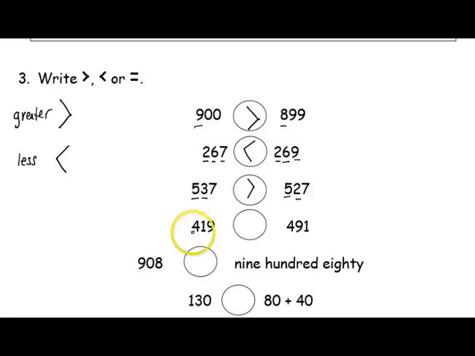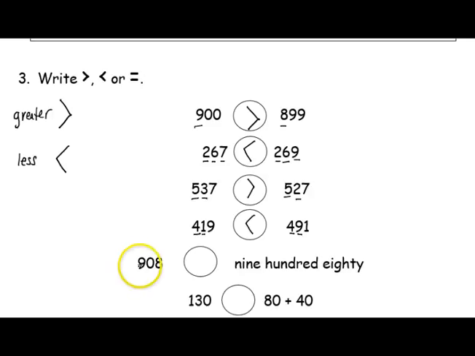Next I have 419. I'm comparing it to 491. 419 has 4 groups of 100. So does 491. 419 has 1 group of 10, while 491 has 9 groups of 10. That means that 419 is less than 491.